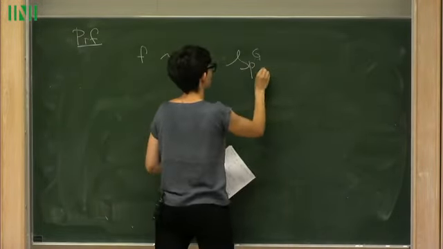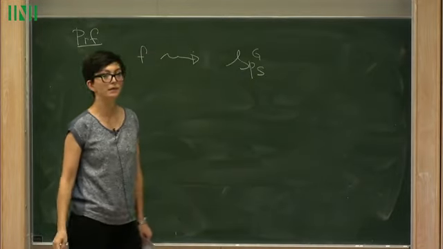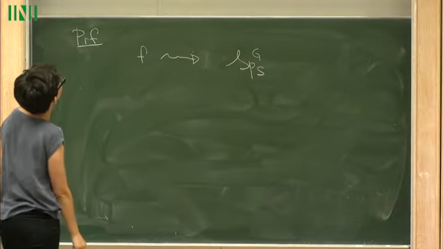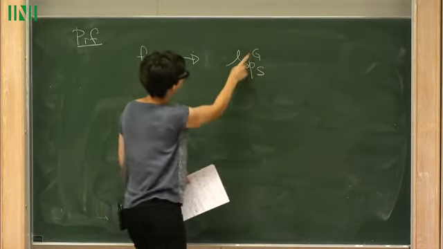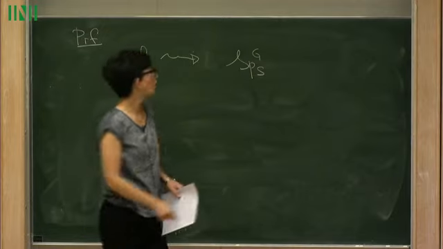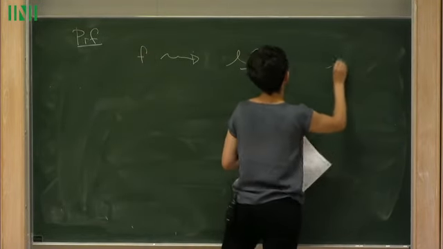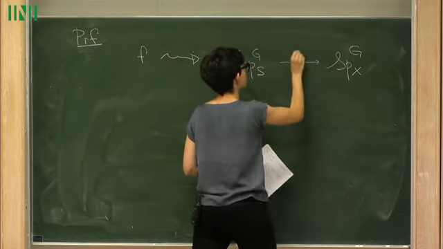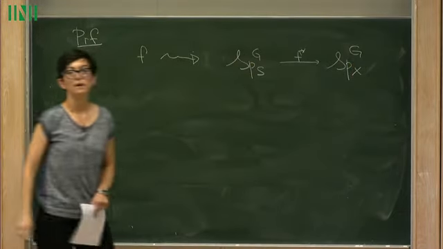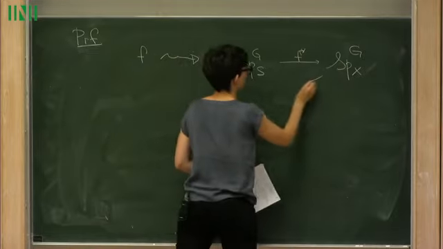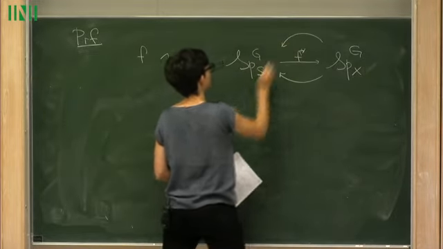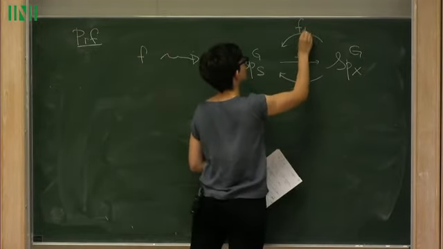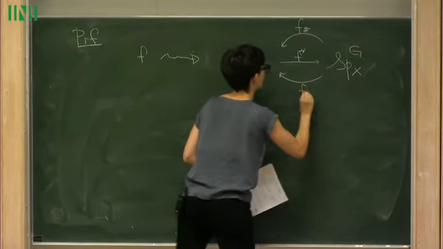Okay, so we look at G spectra over S and G spectra over X. There is a restriction functor, and that one has a right adjoint and a left adjoint. The fact that this F is étale is going to tell us that these adjoints agree.